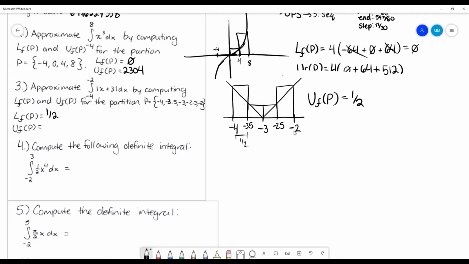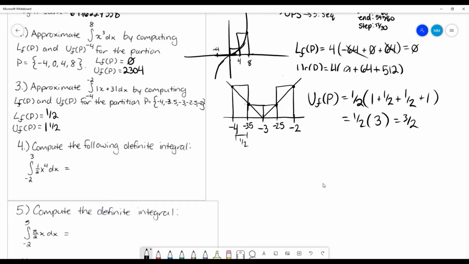And now that's going to be the absolute value of -4 plus 3, which is just 1. The absolute value of -3.5 plus 3, which is just 1/2. This one's also going to be 1/2. And this is also going to be 1. So now it's 1/2 times 3, 3/2, or 1.5.